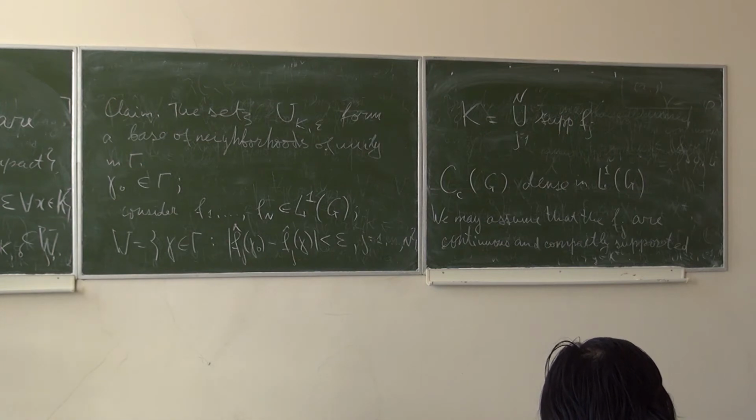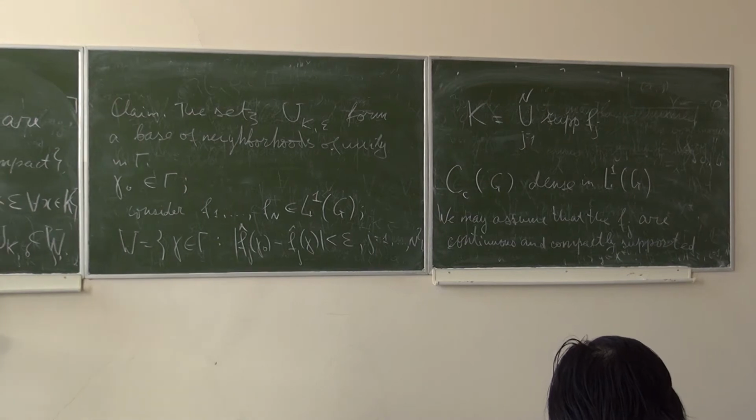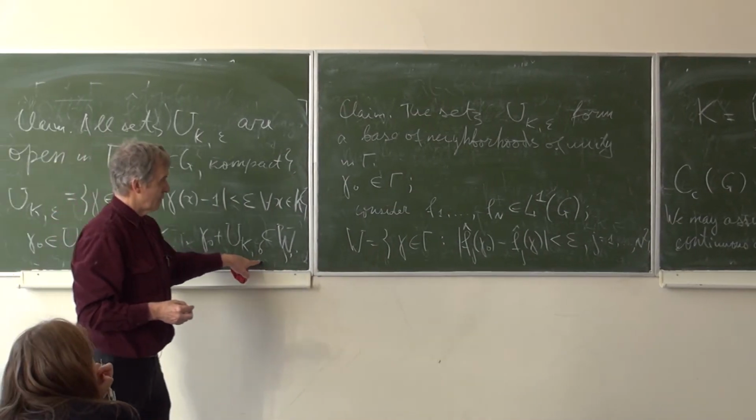So we shall take this compact set as K, and for this number delta, we take something very, very small.